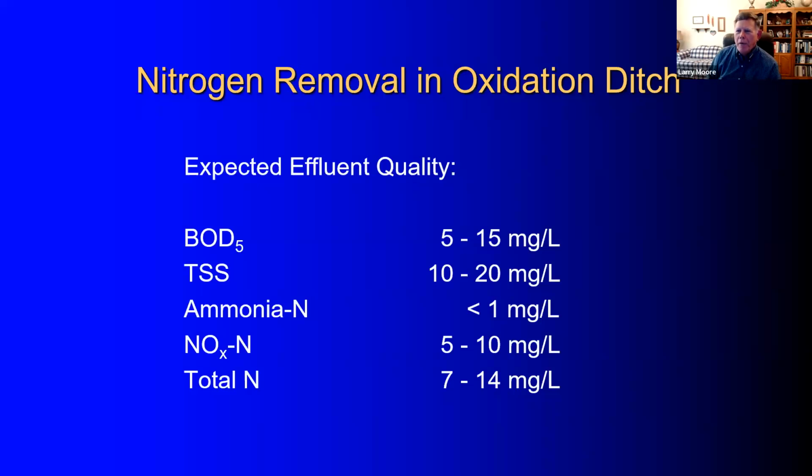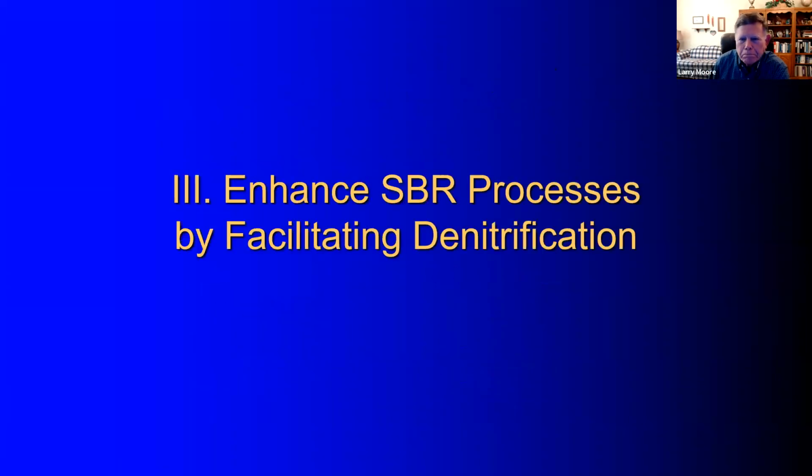So typically, for most activated sludge plants, unless they've got a certain type of industry that sends them a lot of organic nitrogen, normally you'll have about 2 milligrams per liter of organic nitrogen in your effluent. So if we got 5 milligrams per liter of NOx, which is nitrite and nitrate, and 0.5 milligram per liter of ammonia, that gets us to 5.5, and then we got 2 milligrams per liter of organic nitrogen. That gets us up to about 7.5 milligrams per liter of total nitrogen.